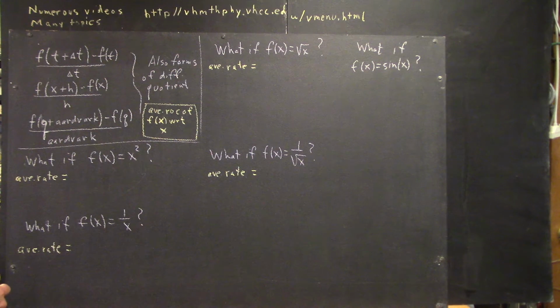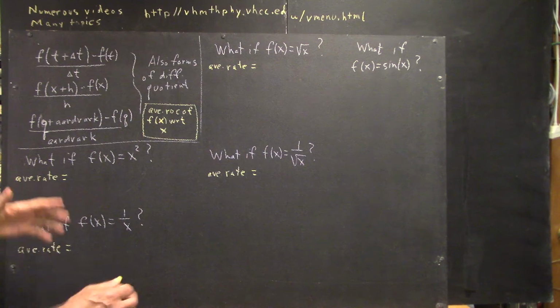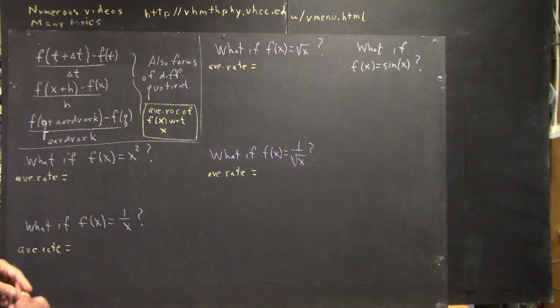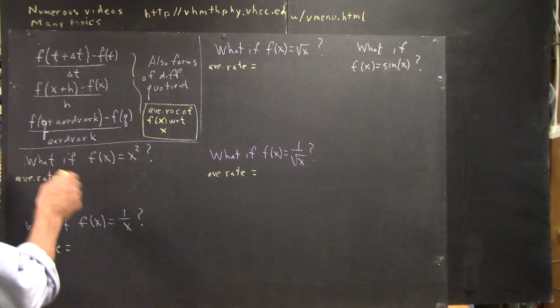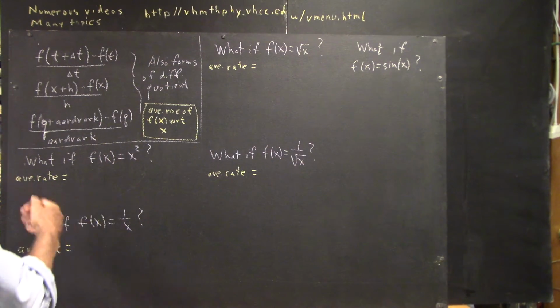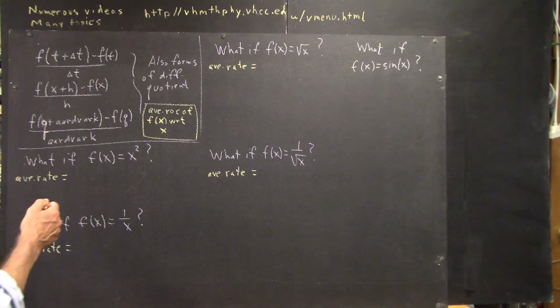Okay, so I'm going to express the difference quotient. I'm going to write average rate instead of writing difference quotient equals, but the average rate will be the difference quotient. So if it's f of x equals x squared, well, our variable is x, and we're used to using delta x instead of h, so I'm going to use delta x. I'll probably use h in one of these to show you it doesn't make a lot of difference.